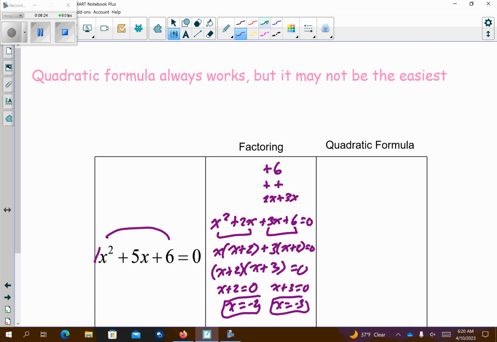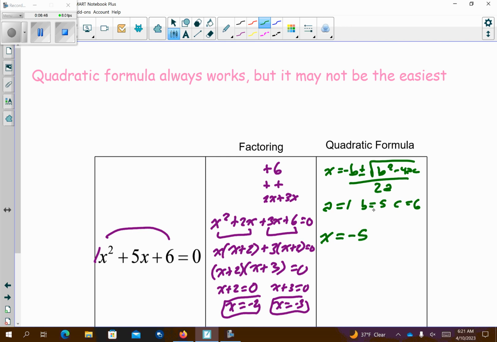Okay, well, would the quadratic formula work with this? So would x equals negative b plus or minus square root b squared minus 4ac all over 2a give me the same answer? So I know my a value is 1, my b value is 5, and my c value is 6. So let's see if we can plug these in. So I get x equals negative 5. Remember, there's a negative sign already there.